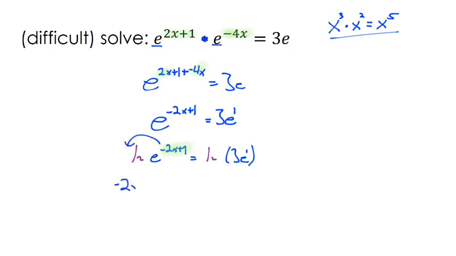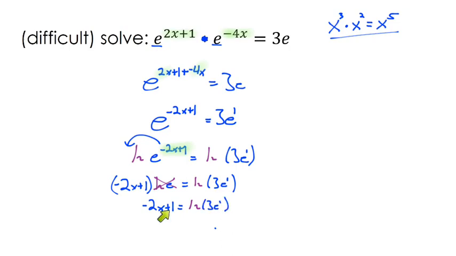So I have negative 2x plus 1, times the natural log of e, and that's going to be equal to the natural log of 3e. Just like the previous problem, natural log and e are inverse operations. And so what that leaves us with is negative 2x plus 1 equals the natural log of 3e.